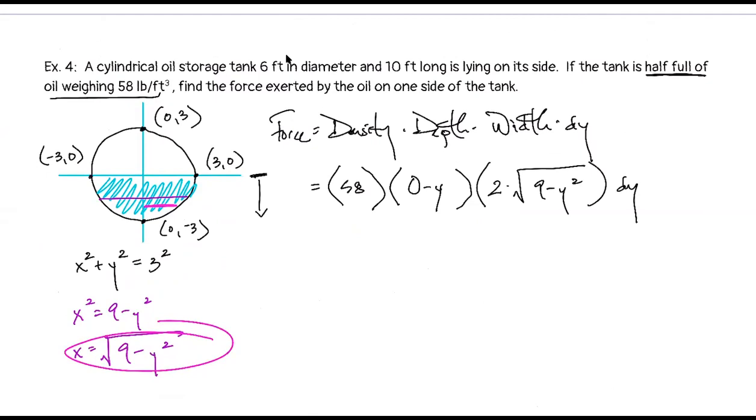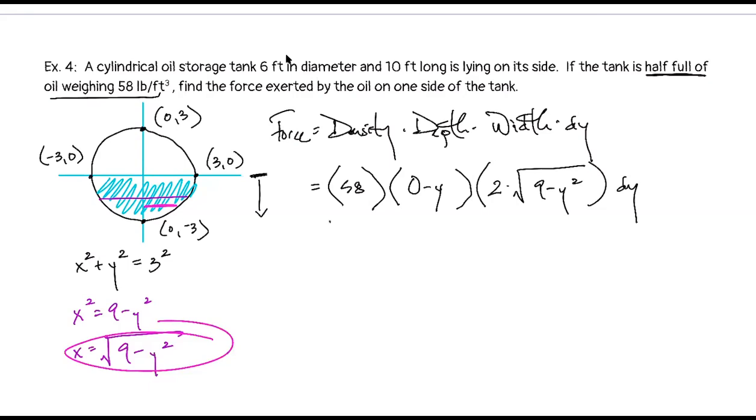The end of the tank is the circle. Okay, all right. So yeah, sometimes there are going to be extra numbers in the problem, but the 10 feet long actually doesn't tie into the force for that side.